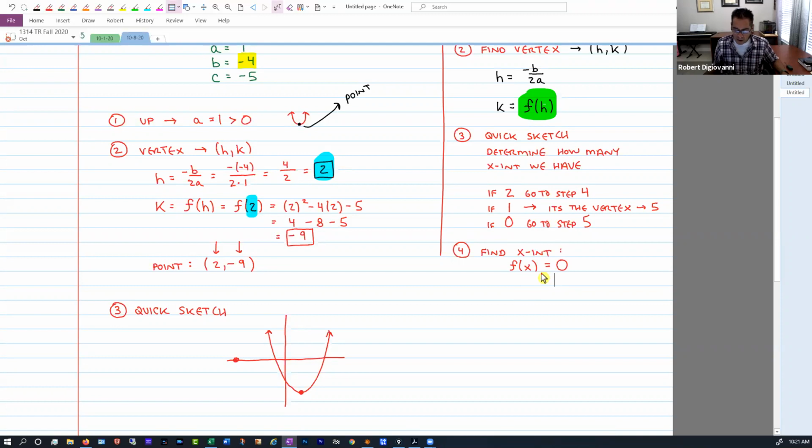Be careful: I did not say we plug 0 into the function, or replace all your x's with zeros. I said take the function itself and set it equal to 0. Ask yourself when it's 0. So we have to solve ax squared plus bx plus c, our quadratic, set equal to 0.